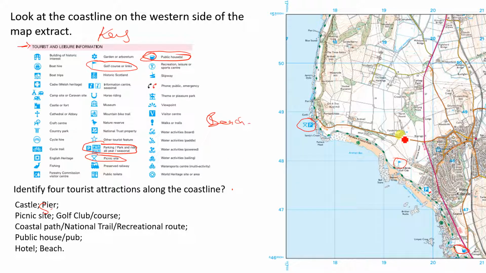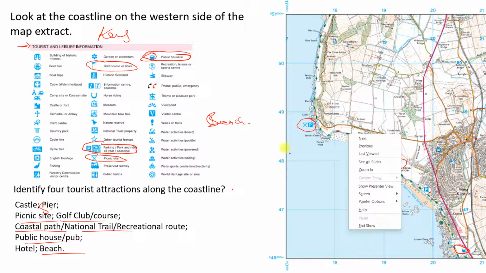We are able to find the picnic site, public house, beach, golf courses. Now the coastal path or national trail, this line here with green, those are coastal path or national trail.